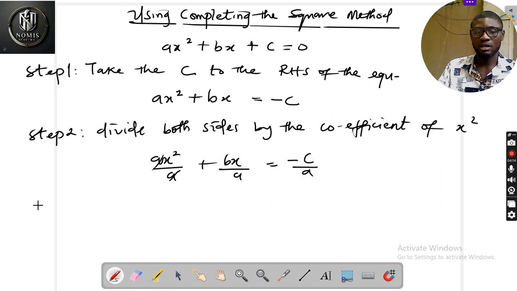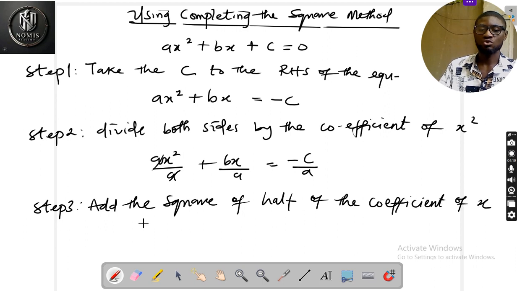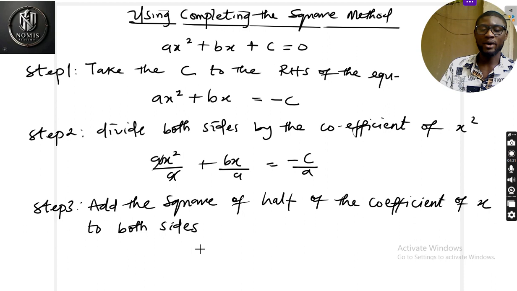So the next step now is step 3. Step 3 says add the square of half of the coefficient of x to both sides.